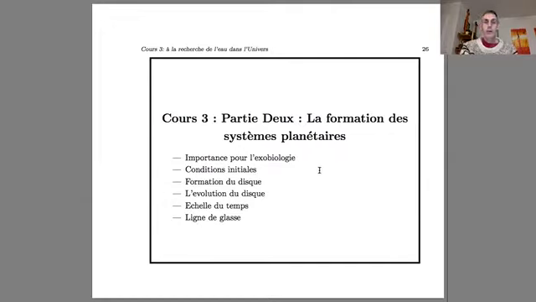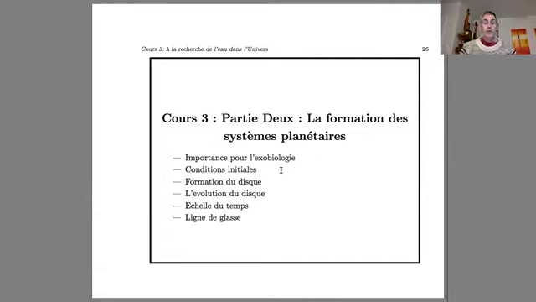And here's an outline of what I'll talk about. The importance of this for exobiology. So why are we talking about the theory of the formation of planets? This is an especially important question given that we can now detect exoplanets.